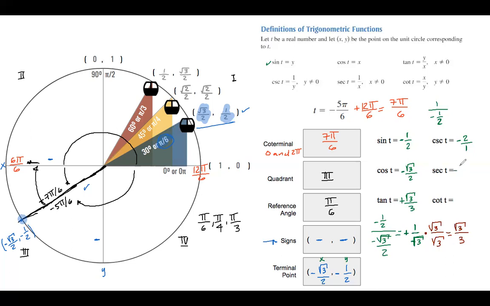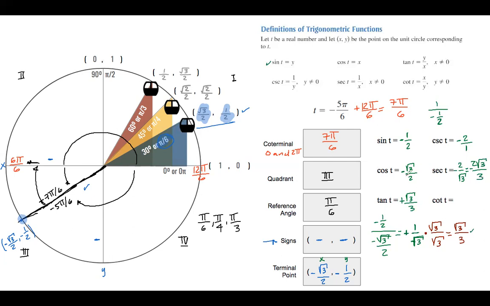This is going to end up as minus 2 divided by the square root of 3. That means that we still need to rationalize this answer by multiplying both numerator and denominator by the square root of 3, just like we did over here. And you're going to end up with minus 2 times the square root of 3 divided by 3.